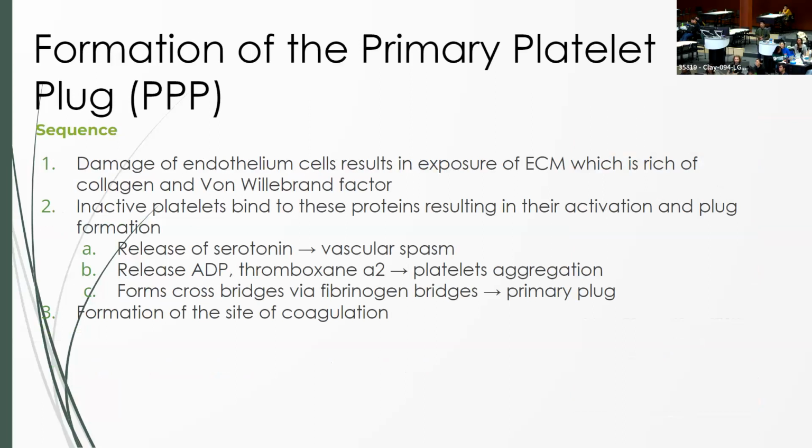So when there's damage, it exposes the extracellular matrix, which has a lot of collagen, and the high yield part is von Willebrand factor, probably named after von Willebrand who discovered it. It activates and releases, I don't know the different pathways, but it causes the platelets to come together, and that's very fast. It just stops the bleeding.